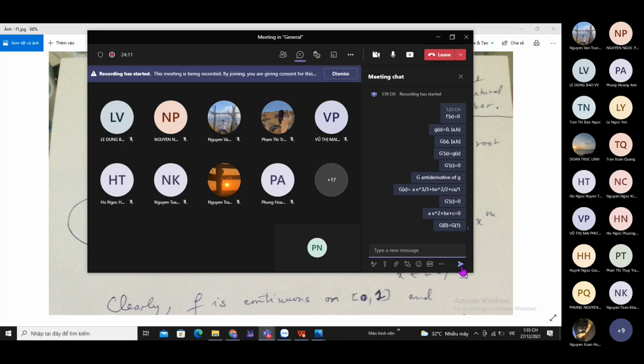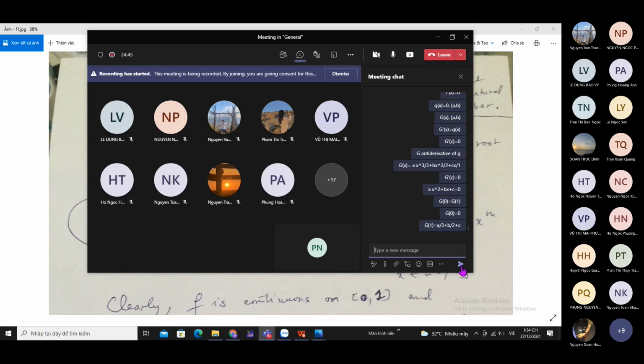Okay. So clearly, G of 0: replacing x with 0, you have 0 plus 0 plus 0, which gives you 0, right? And G of 1 gives you a over 3 plus b over 2 plus c.